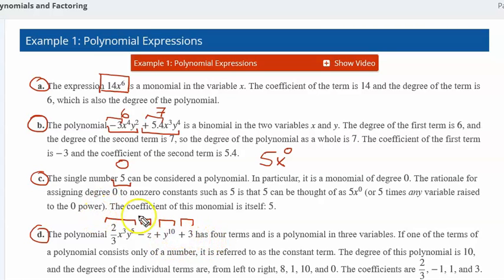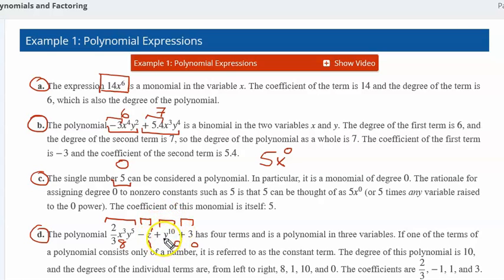Now the degree of each term, here we add the exponents, is 8. Here there's a 1 that we don't write as a 1. This one is 10, and this is 0. So the degree of this expression is 10, the highest degree of any one term.